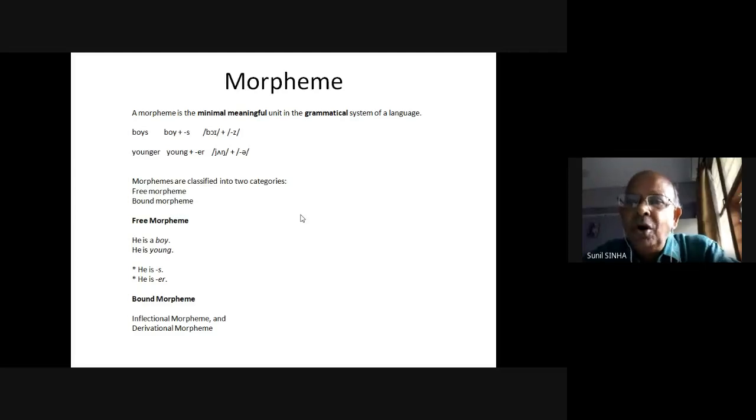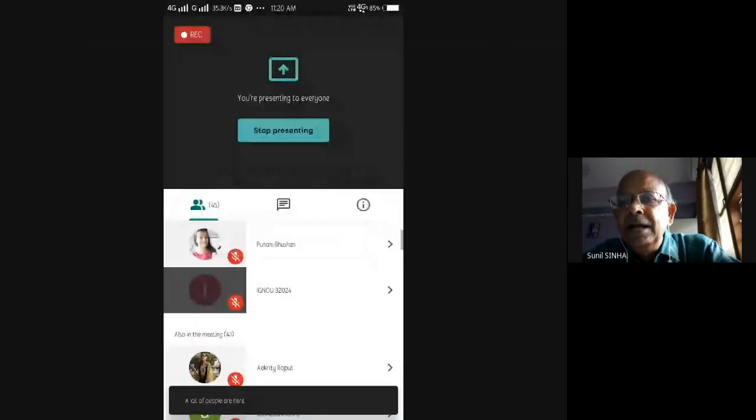So boy and young are free morphemes. Boy is a free morpheme because it can occur independently in a sentence, and young is a free morpheme because it can occur independently in a sentence.